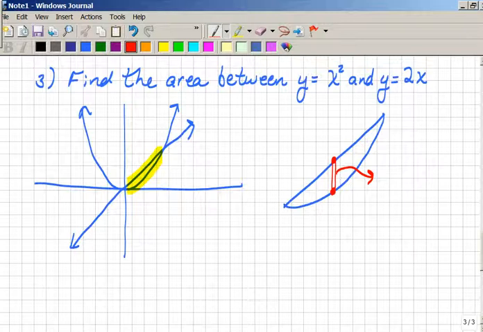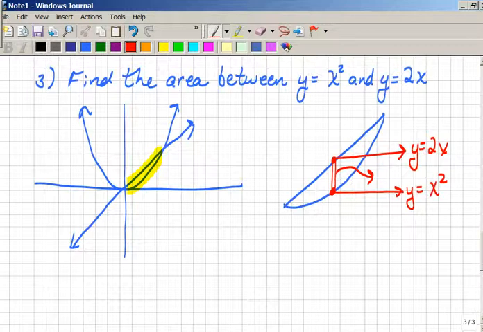Well, the y-coordinate of each one is the function value at each point. For example, that point is y equals 2x. And this point is y equals x squared. So the height of that rectangle is 2x minus x squared.